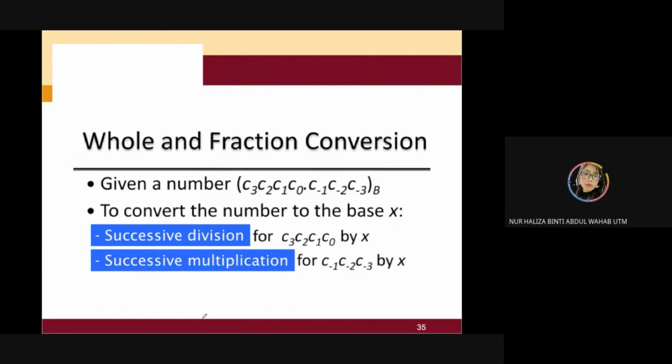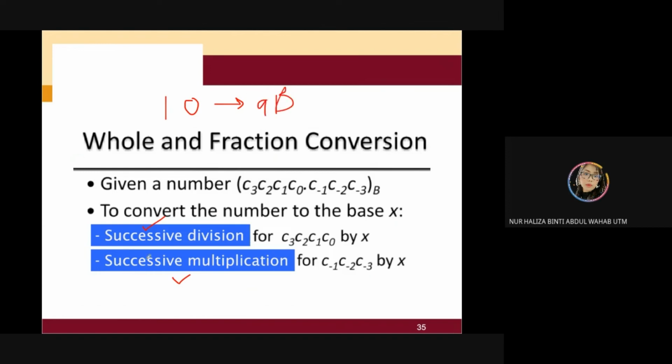So is it okay? So this is the way for you to convert, and there are two ways. As mentioned, successive division and also successive multiplication for you to convert any decimal number to any base.